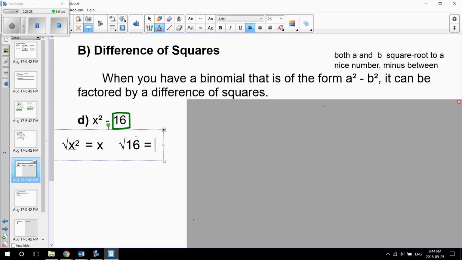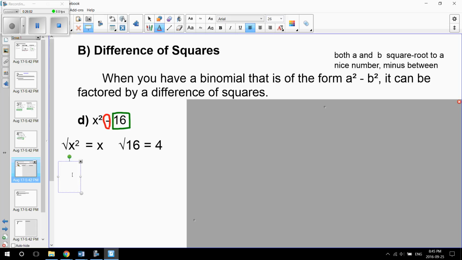So when we square root 16, we get 4. We see that both of our terms, our x squared and our 16, square root to nice values, an x and a 4, and we have that negative sign in the middle. So it meets all of our conditions, so we know that we can use difference of squares here.